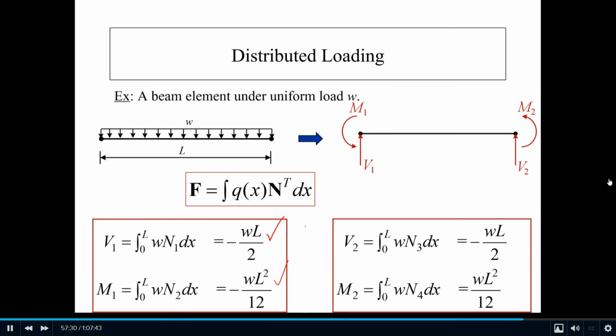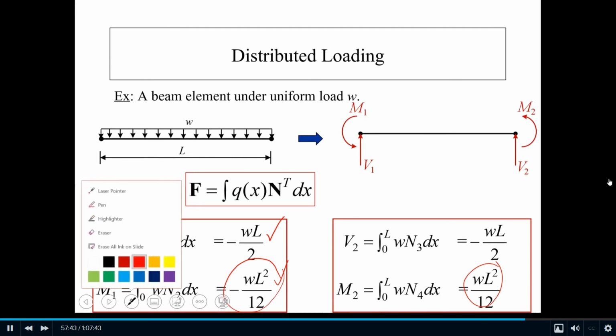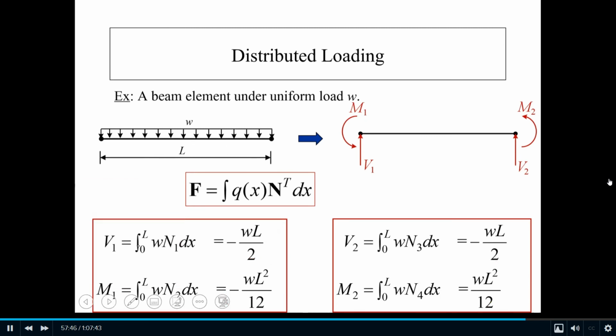So you see that this is like the fixed-end moment, right? In slope deflection and moment distribution methods. So this is how you obtain the nodal force from the distributed load.